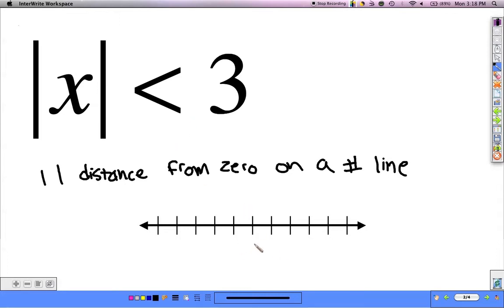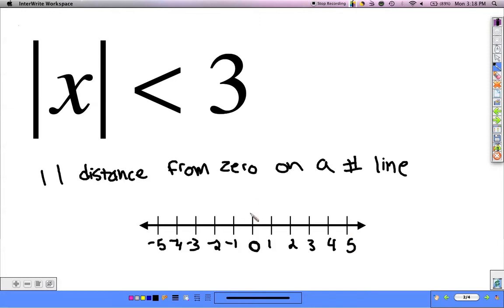So if I have 0 in the middle, and I'm going to look at negative numbers and positive numbers on this number line. So I'm talking about the distance from 0.